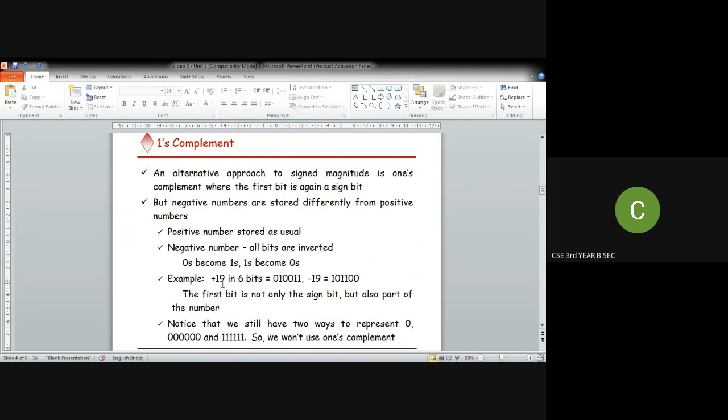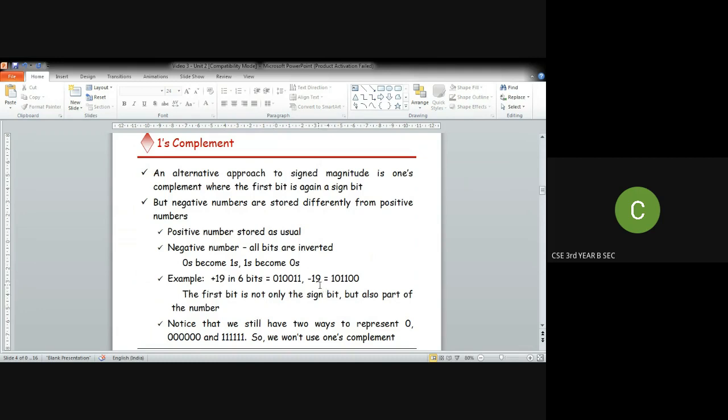Look at here, this is the example. Here I am going to represent plus 19 and minus 19 using the ones complement method. Plus 19 in 6-bit representation is 0 1 0 0 1 1. So this is the equivalent binary number for plus 19.